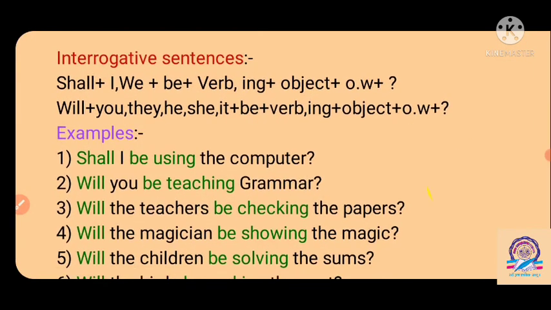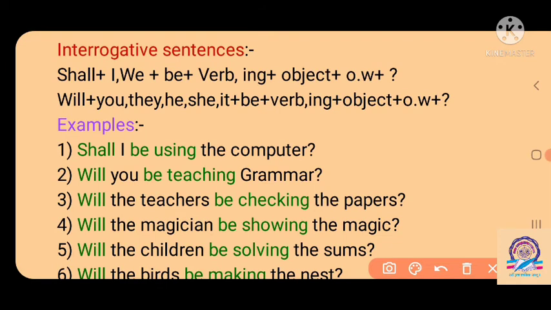And for the interrogative sentence, we have to keep shall first. If the subject I or we is given here, we have to keep shall first, then the subject I or we, then be, then verb ing, then object, then other words, and last we have to keep the question mark for making the interrogative sentence.